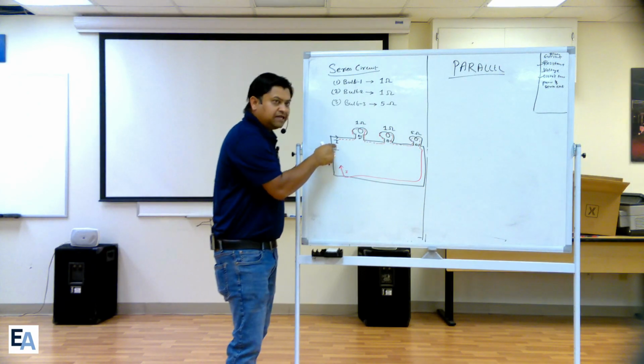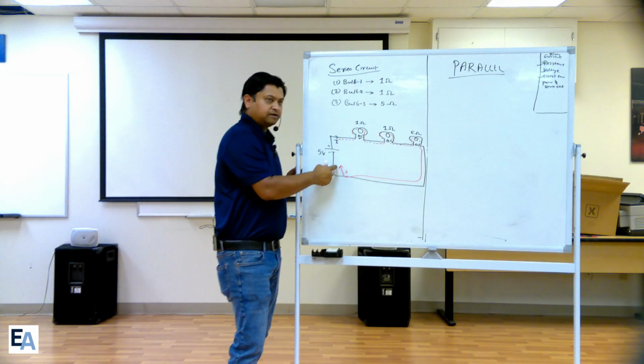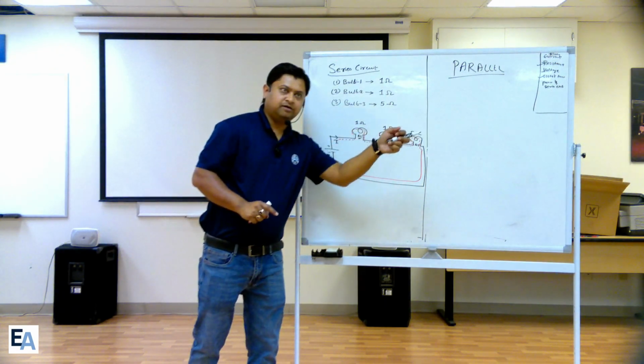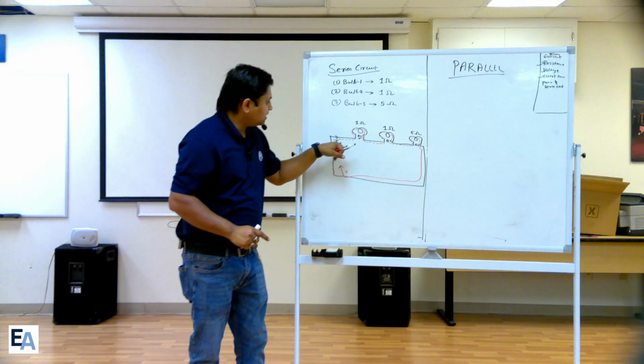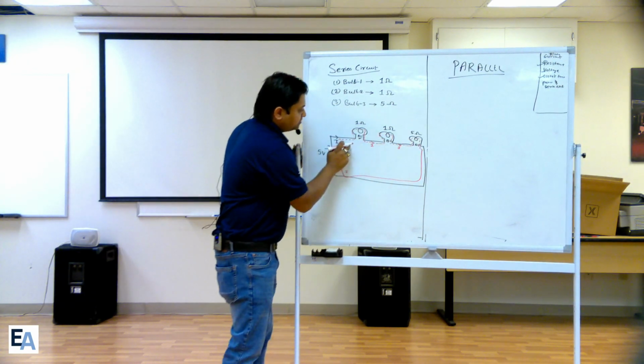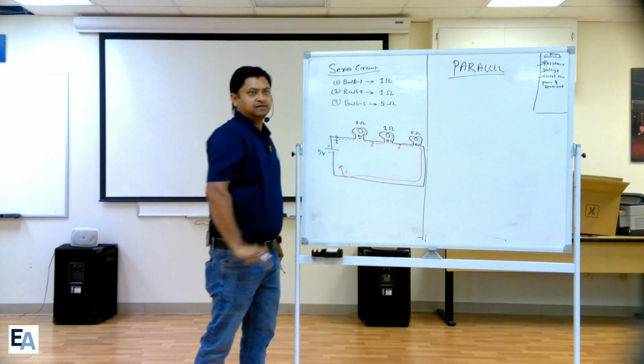So the current which leaves here has to enter this side, that is the law. The current is in one direction, one current is going through it. This current is here, the same current is here, the same current is here. It means all of these are connected in a series circuit.